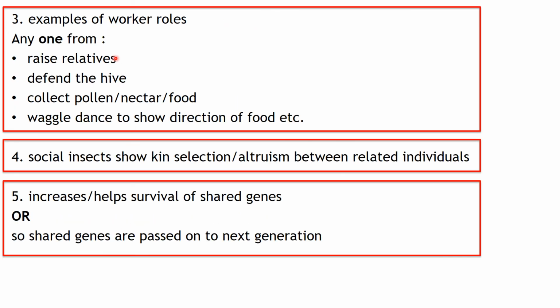Next mark, if you say one thing the workers do, such as defend the hive or collect food, then you get a mark for saying there is kin selection between related individuals. And then the 5th mark is for talking about why that's beneficial, or why kin selection is a thing. So it helps survival of shared genes. So genes that you possess, you're helping them be passed on to the next generation.